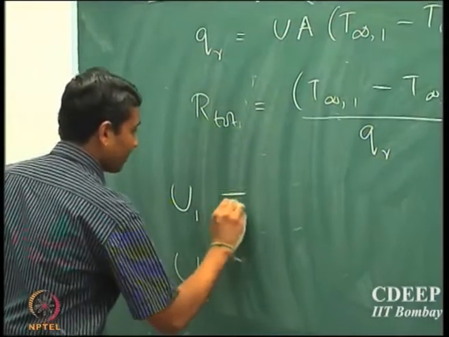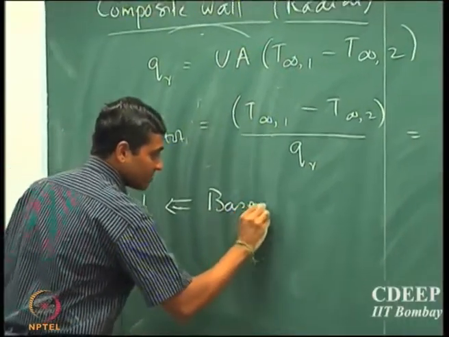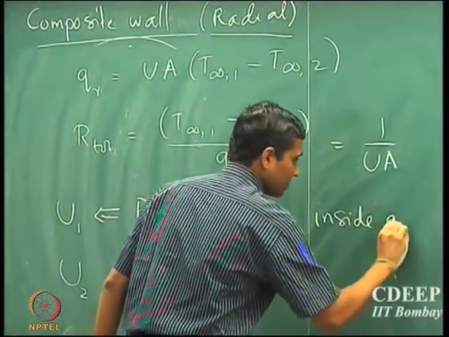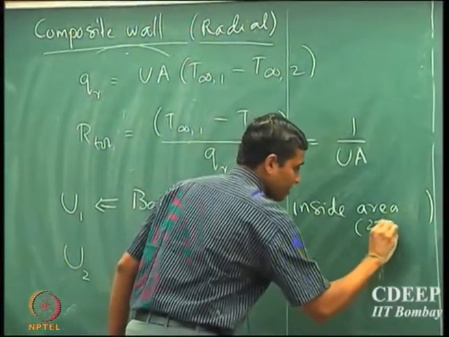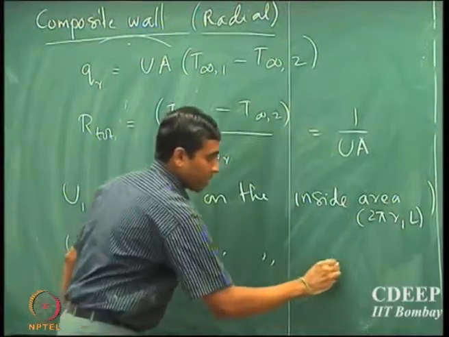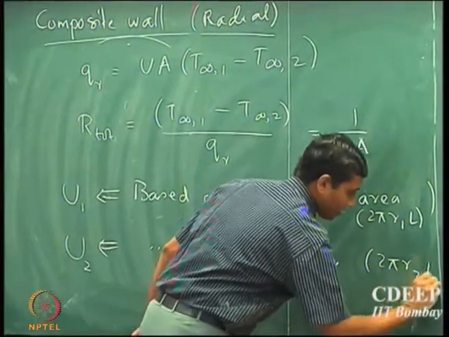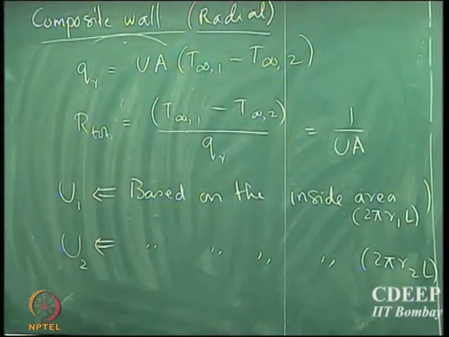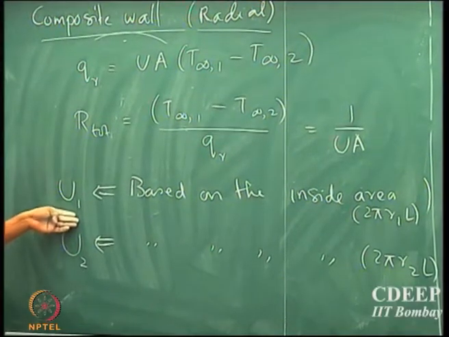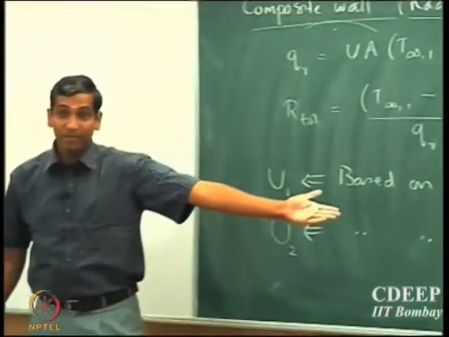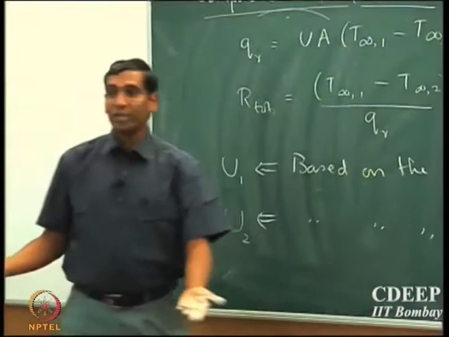U1 is based on the inside area, that is 2 pi R1L, and U2 is based on 2 pi R3L. Now if you have a varying cross sectional area system, then the overall heat transport coefficient is defined based on the area of interest. So, which one should I choose? I have two options now.